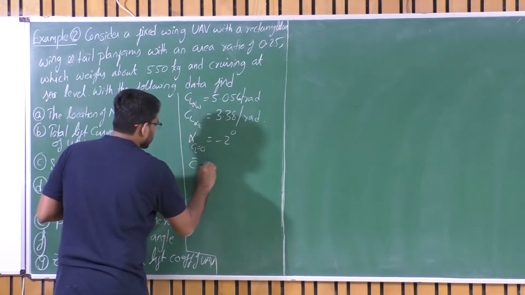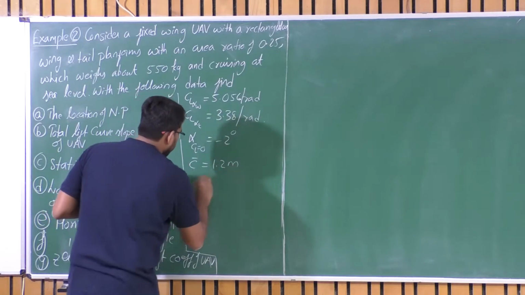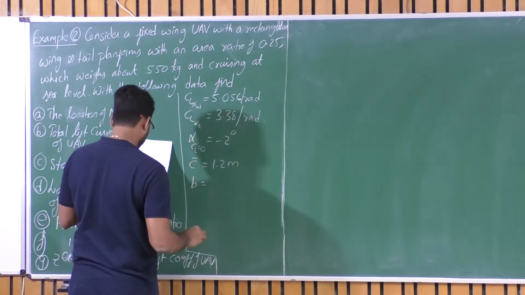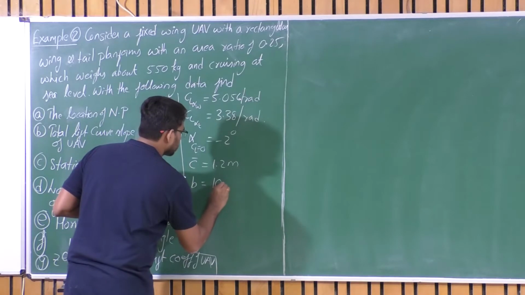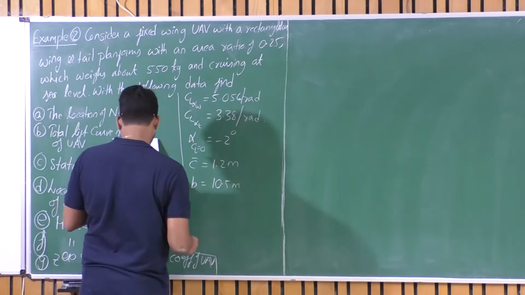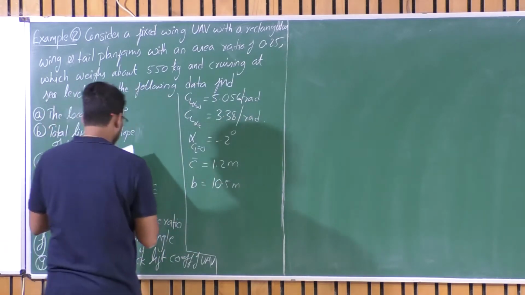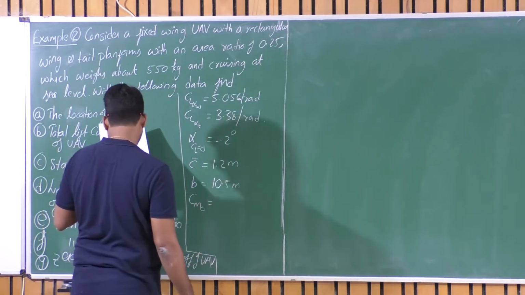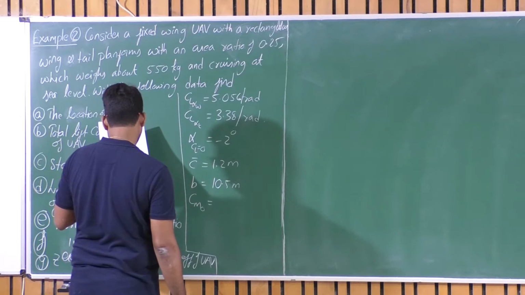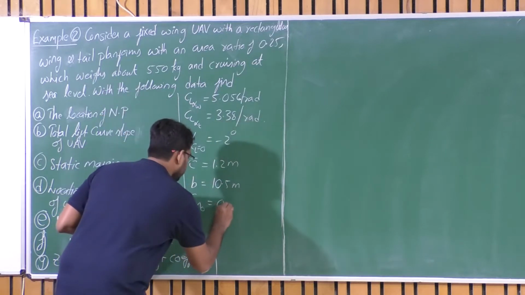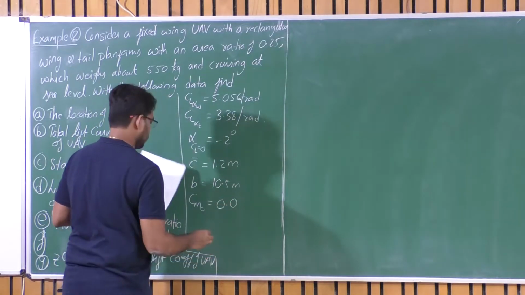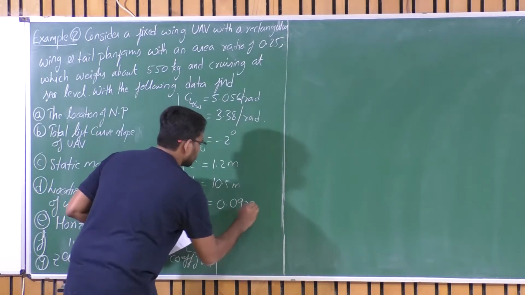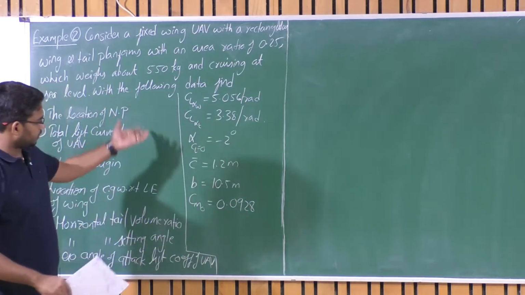C bar is 1.2 meters and the span is 10.5 meters. Cm naught of the UAV is 0.0928.